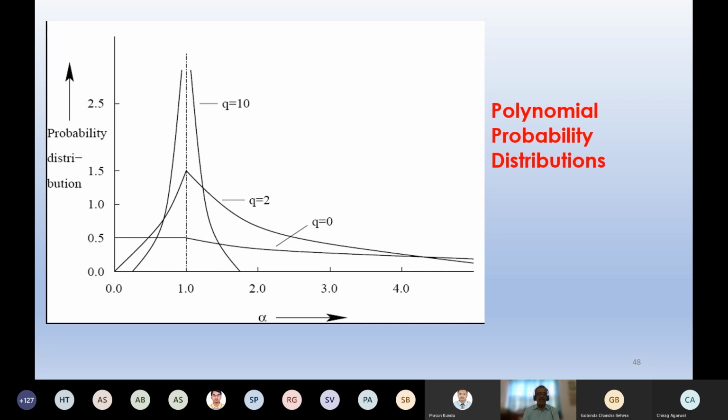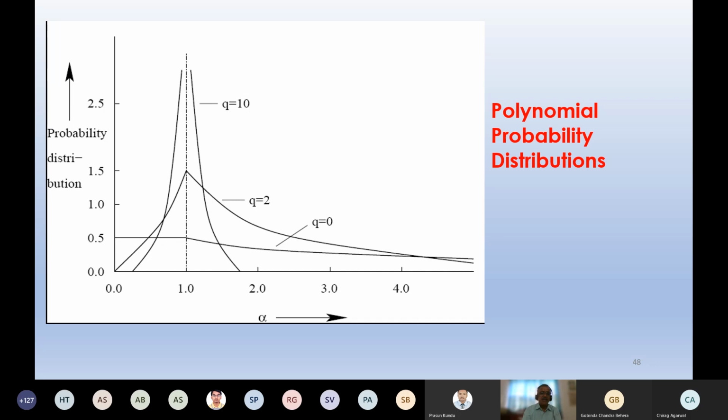Now, if I take a higher value for this Q, that means I'm taking Q equals to 2, in the contracting zone I'll be getting this type of nonlinear distribution. And in the expanding zone, I'll be getting this type of nonlinear distribution for the function.